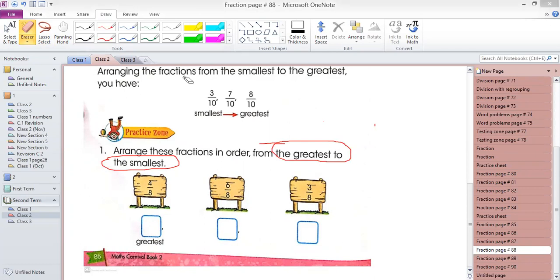Write the correct sequence from greatest to smallest. Don't send me one answer only. Write all 3 answers after arranging them from greatest to smallest.